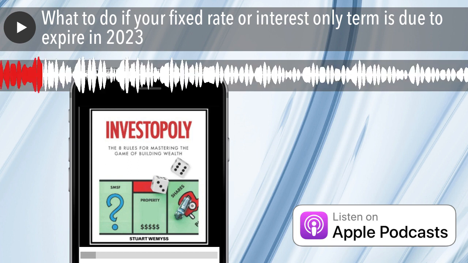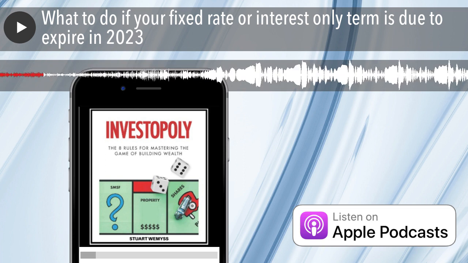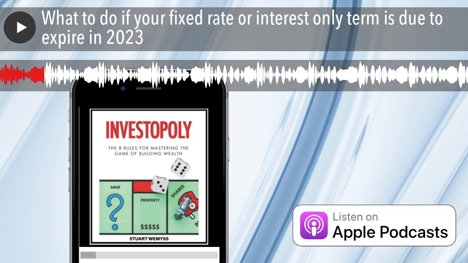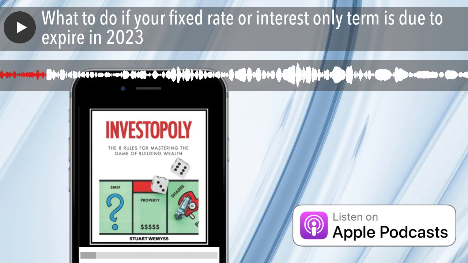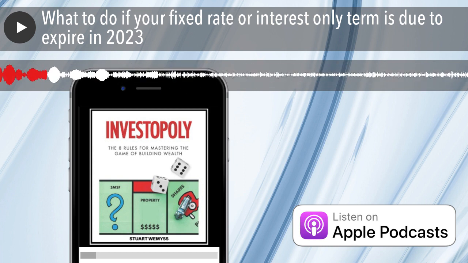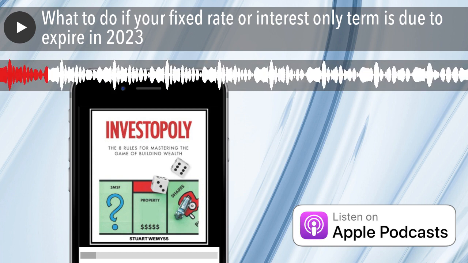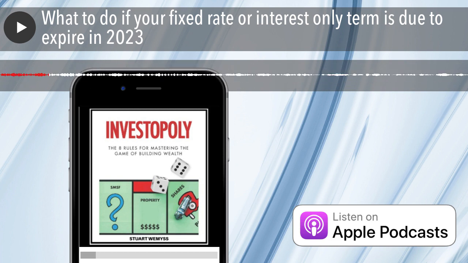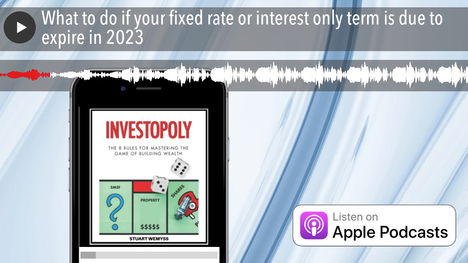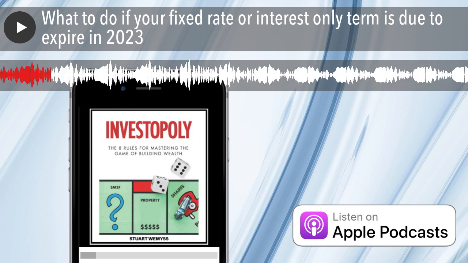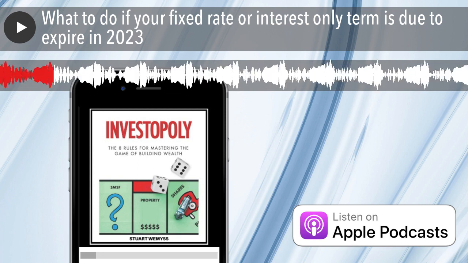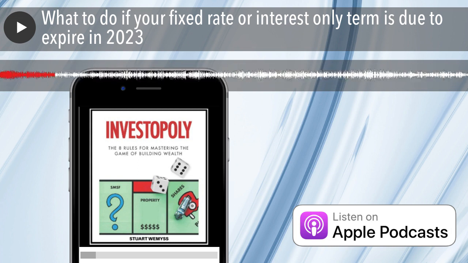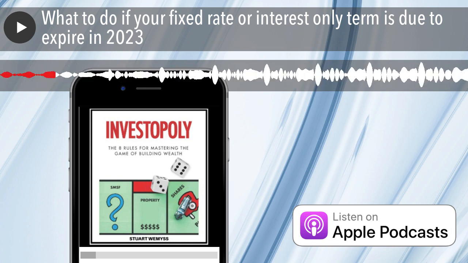Okay, so let's talk about your options firstly, both for interest only and for fixed versus variable. If your fixed rate's maturing, of course you've got two options. You can refix for another term, or you can roll over onto a variable rate. When we compare fixed and variable rates at the moment, for home loans, fixed rates are about 1% more than the current variable rate, and for investment loans, about 0.8% more than the variable rate.